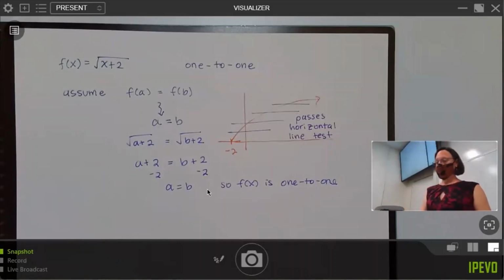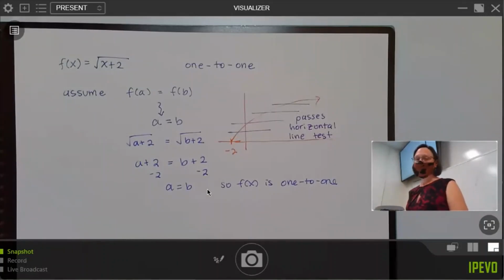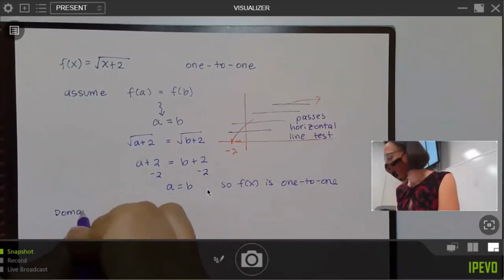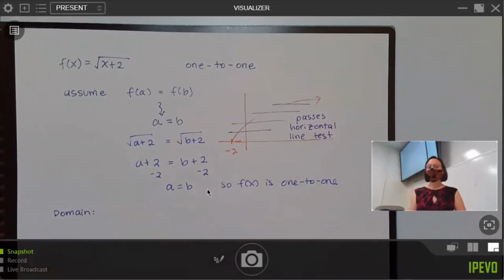Next part of the question is asking us about the domain. There are only 3 things that ever go wrong with domain, and we only have to worry about 2 of them in 16A. I can't divide by 0. I can't take the square root of a negative.